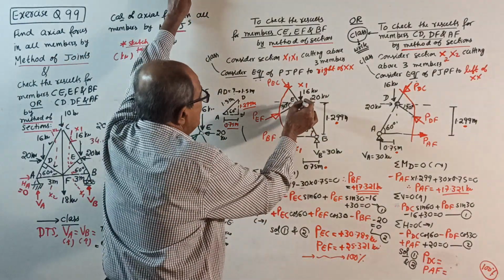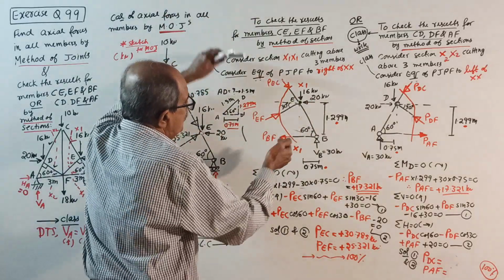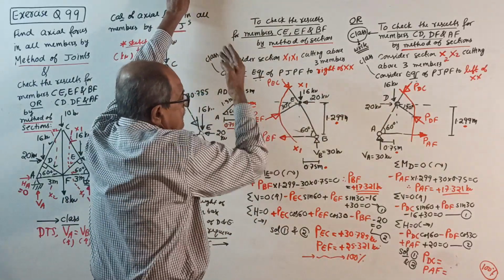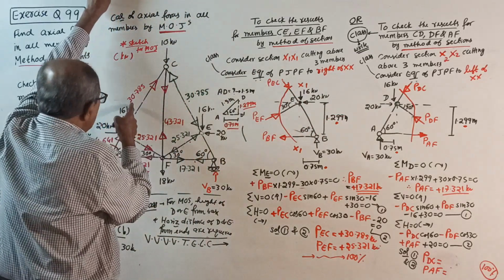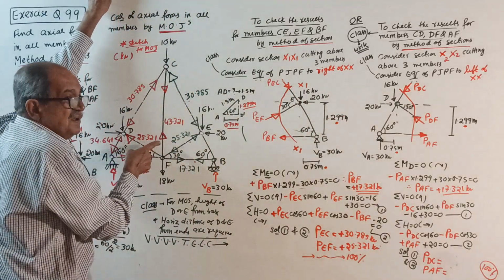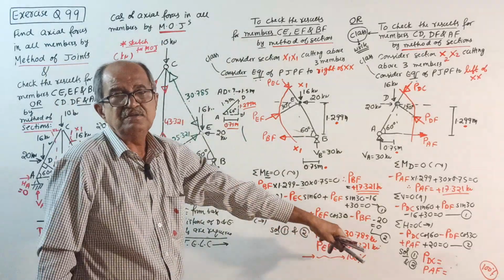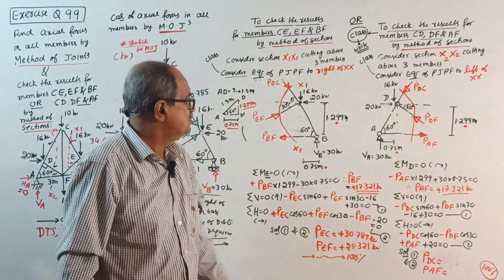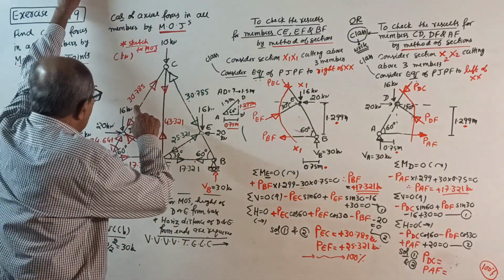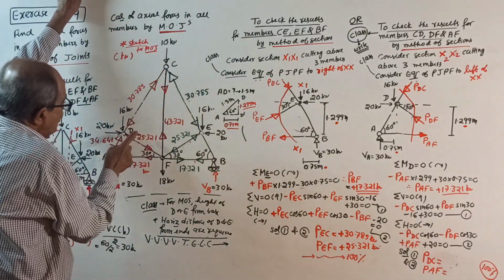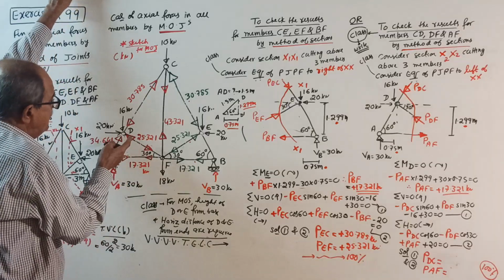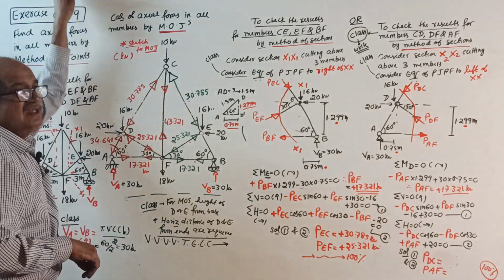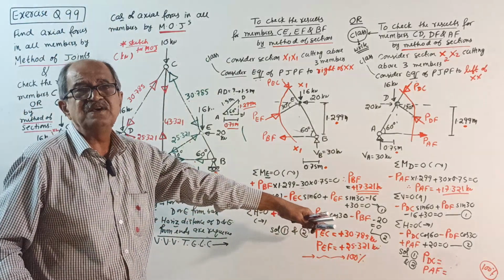Okay, start. Take moment about E. When I entered the answer here, remember, I already solved it before. So I know the answer for DC and DF. But I did not look at that answer.